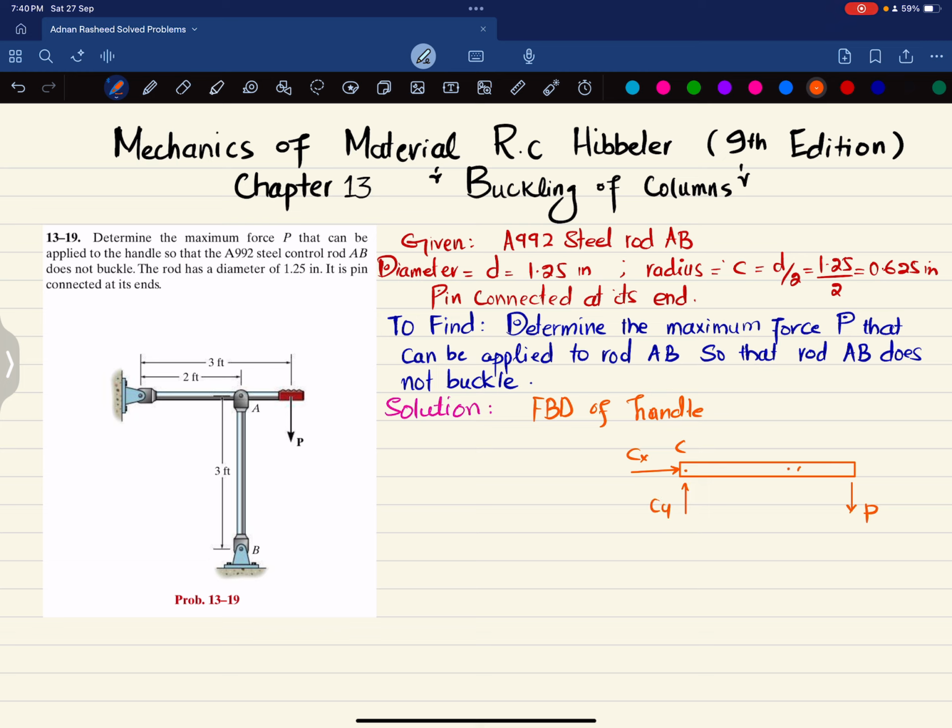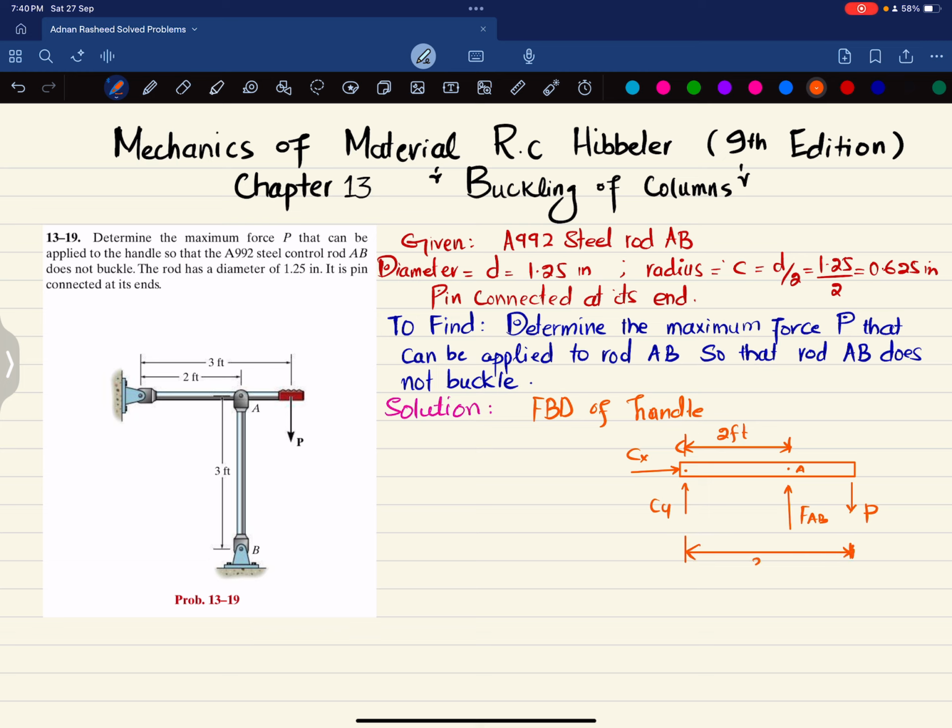And this is point A where you have a vertical load that will be offered by member AB on this handle. The distance from C to A is given as 2 feet, while the distance from C to the end is 3 feet.